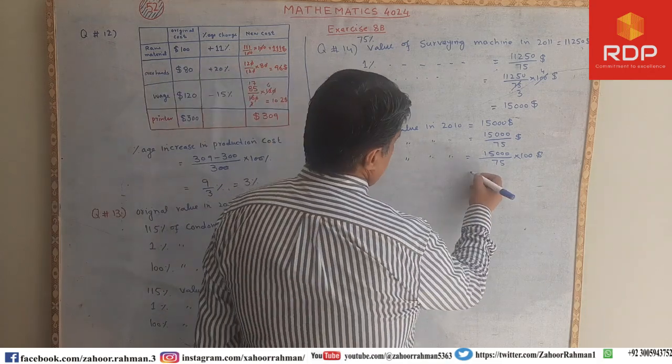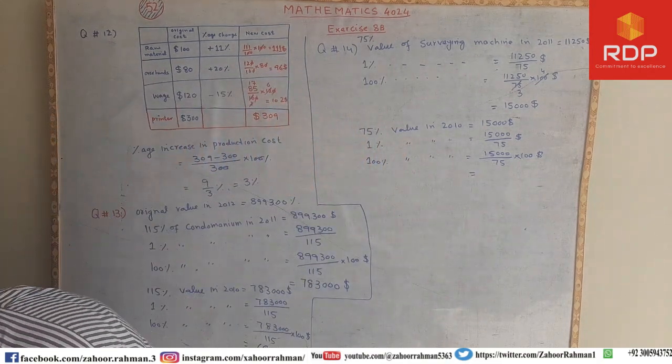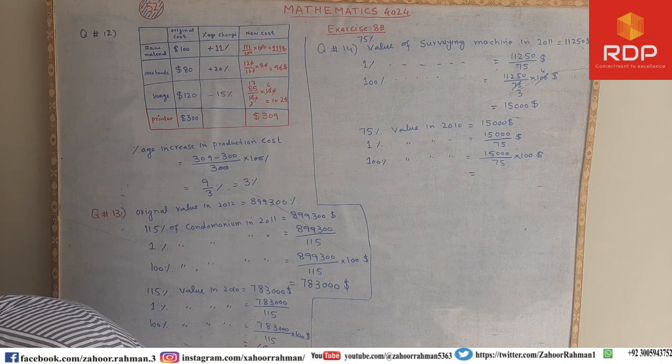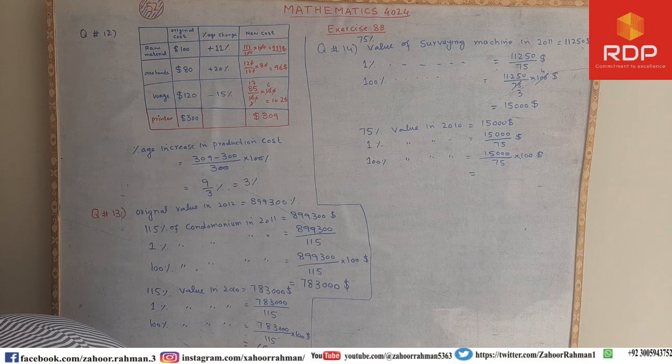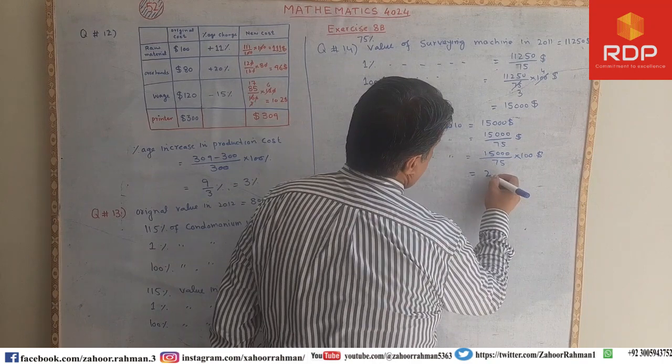Now it is calculated with me. So after the calculation we have the original value of 20,000, because it will be 20,000.